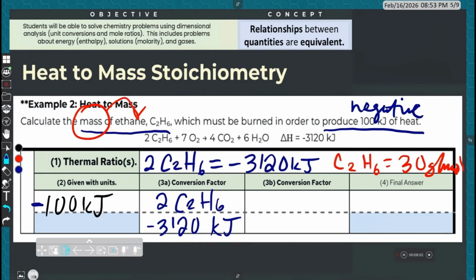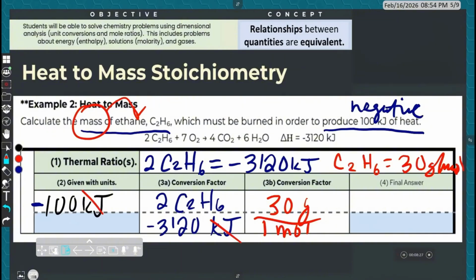All right, so now that we have successfully canceled out kilojoules, we now need to convert to the grams of C2H6. So our grams of C2H6, that means 30 grams needs to go on the top, and 1 mole needs to go on the bottom.